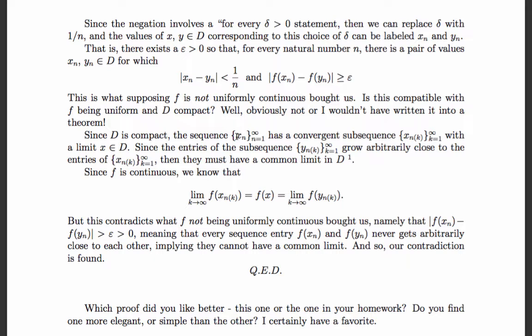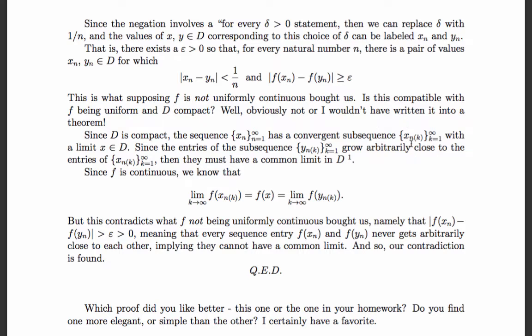Now, since D is compact, the sequence of values xn for n equals 1 to infinity, right? That's a sequence of values in the domain, and it has a convergent subsequence because D is compact. And the convergent subsequence has a limit x, and that limit x is in D. Now, notice that the entries of the subsequence of y that correspond to the entries I picked out of x grow arbitrarily close to the entries of the subsequence of x.